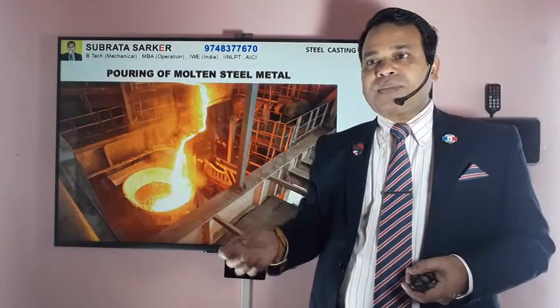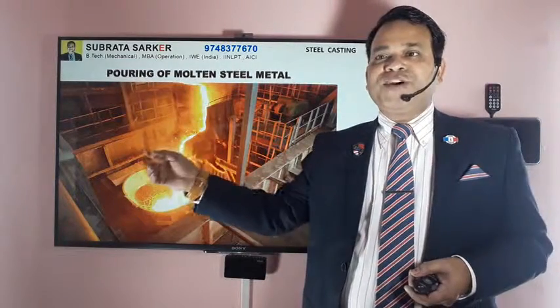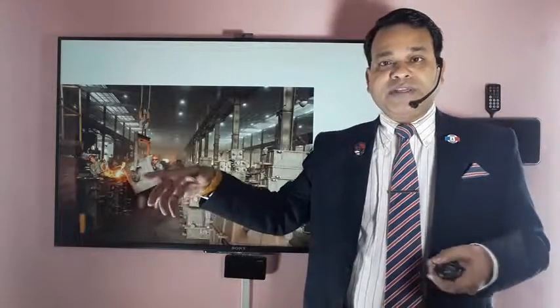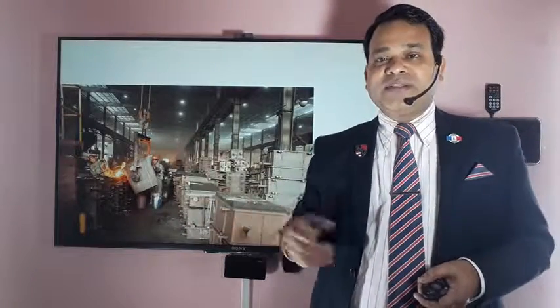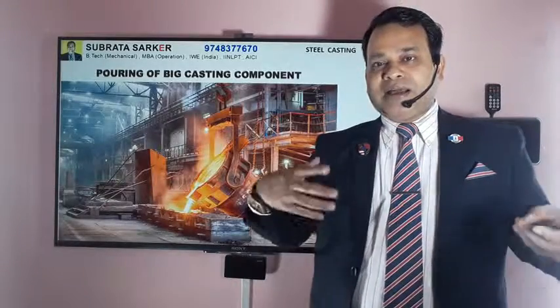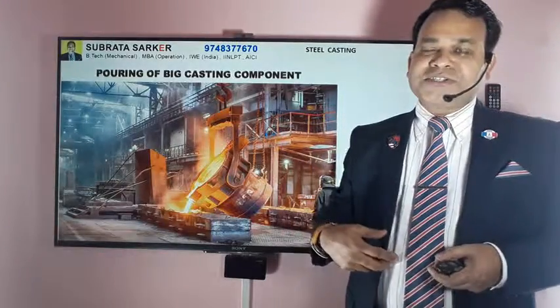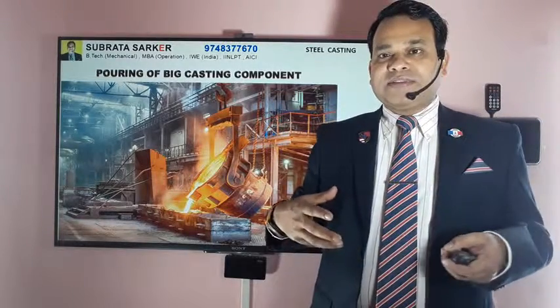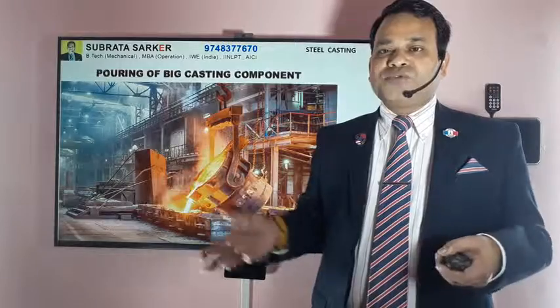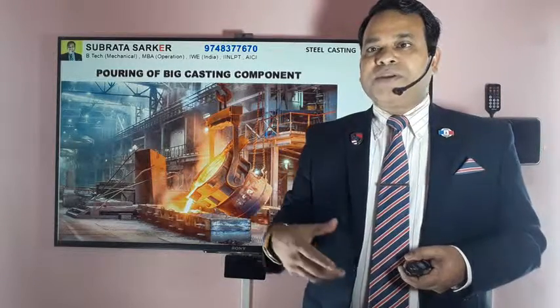So you can see that from the furnace to the mold area, it is carried by this container, and in some cases when the weight of the casting is very big, for big molds, it is normally a mechanized way of handling this molten metal.